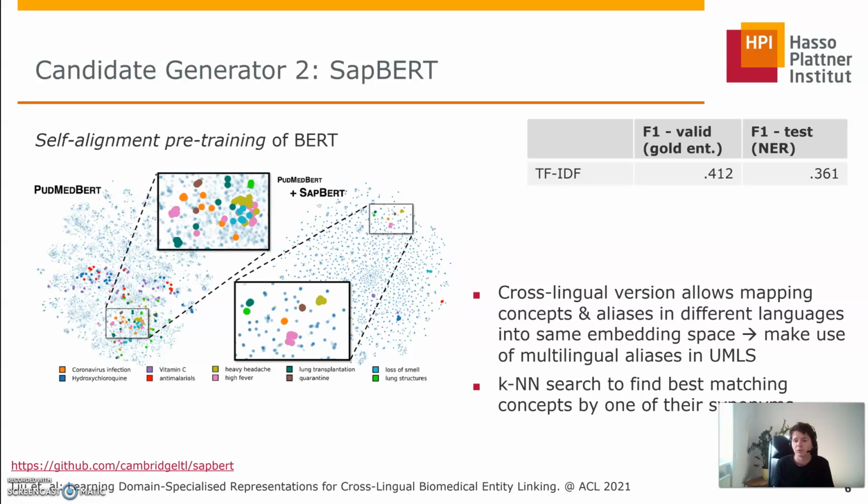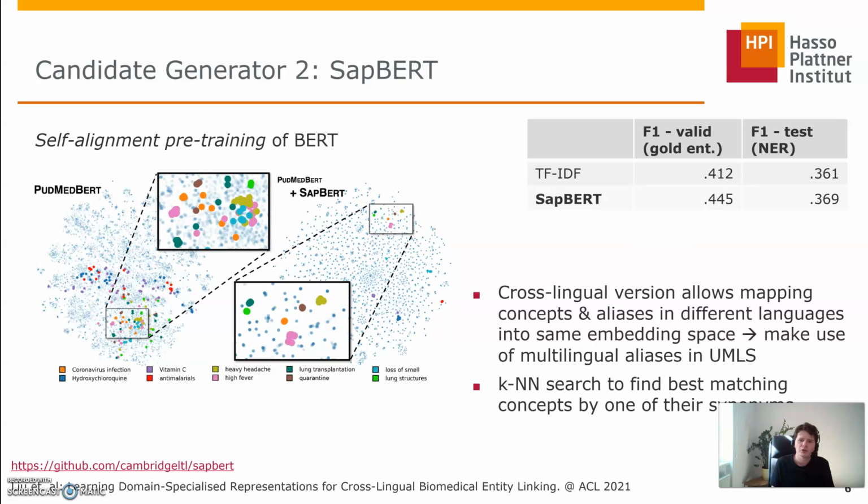And this is exactly what we want to make use of our multilingual aliases in the UMLS dictionary. Once all the embeddings are computed, it's again only a simple k-nearest neighbor search to find the best matching concepts. This approach on the test sets yields an F1 score slightly better than the TF-IDF, of 0.369.